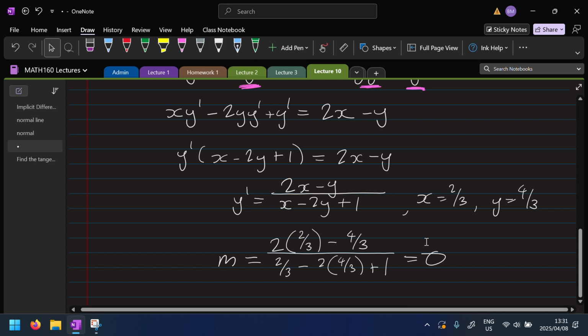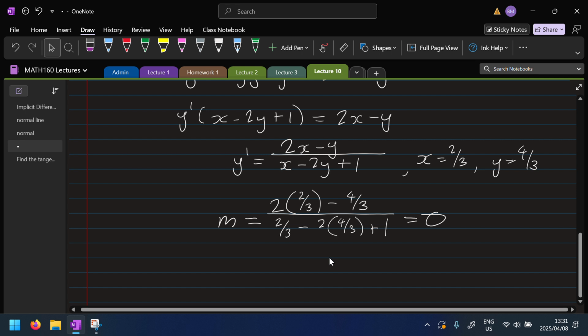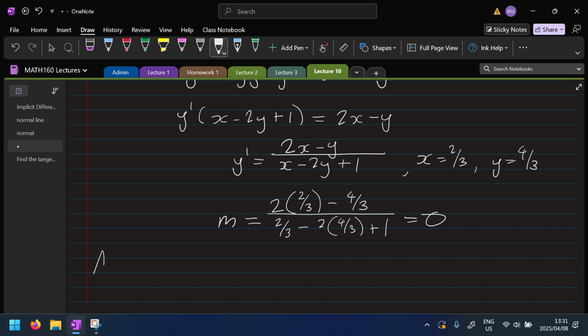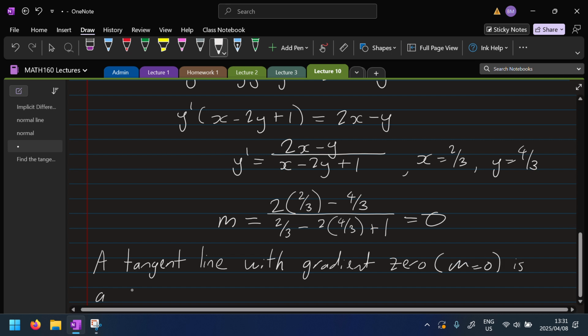So what does that mean? Well, a tangent line with gradient 0, so m equals 0, is just a horizontal line.